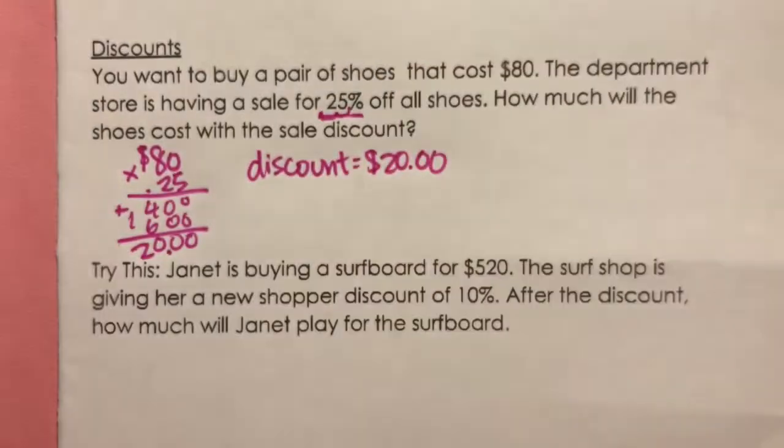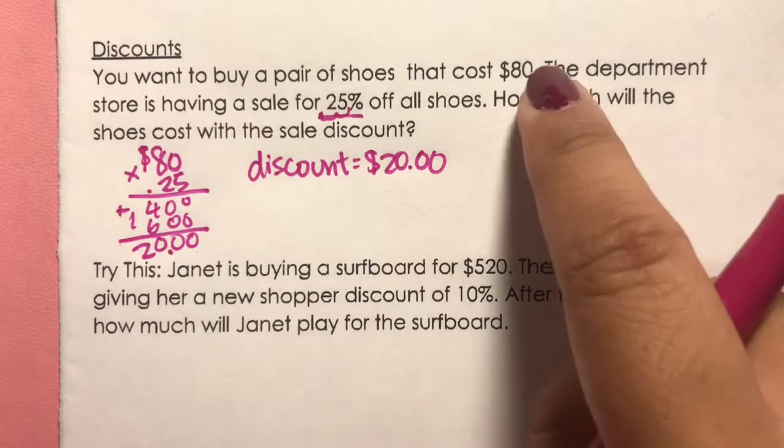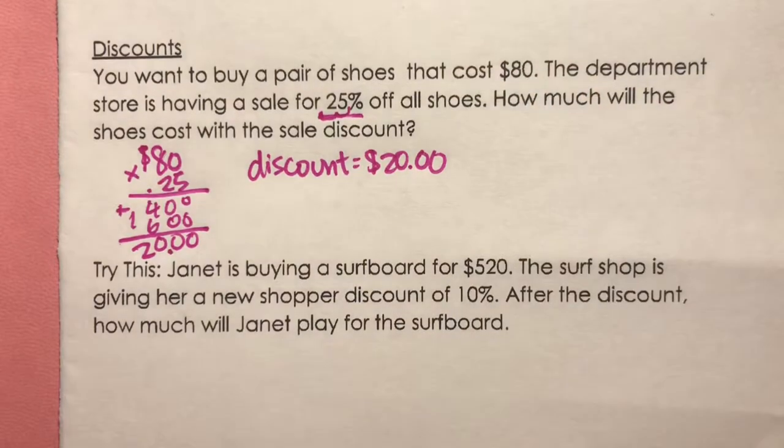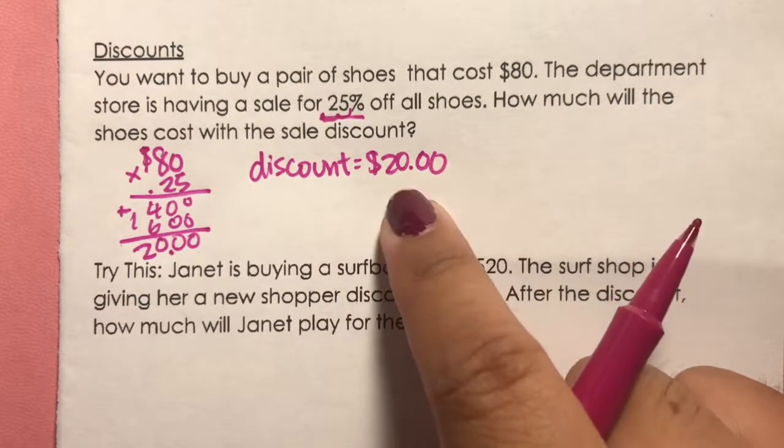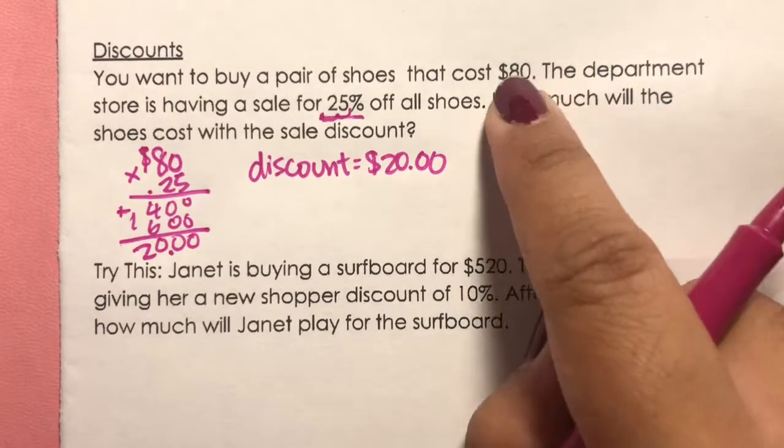But we're not done, because we know what our discount is. We know we'll be saving $20. But we need to subtract the discount from the original cost to see how much the actual shoes will cost after the discount. So don't forget this step. You find out how much money you're saving, then you have to subtract that amount from the original price.